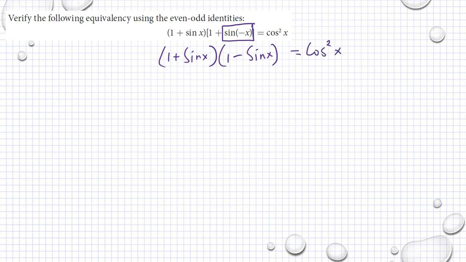So we have the sum and difference of two terms, the square of two terms. The difference of two squares should be cosine squared x. Then cosine squared x is equal to cosine squared x. Verified the identity once again. Okay.